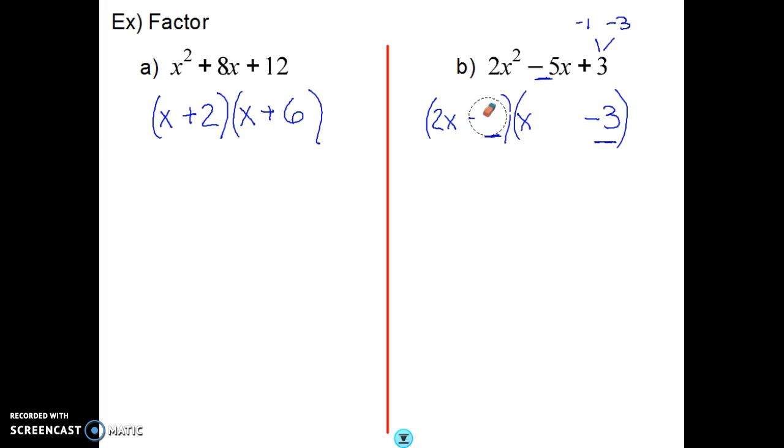However, if we choose something a little bit different, we could do minus 3 and minus 1 instead, because this still gives us that plus 3 at the end for our last part of the distribution, but now in the middle we get 2x squared, we get minus 3x and minus 2x, which gives us that minus 5x. So this actually does work for our factoring.